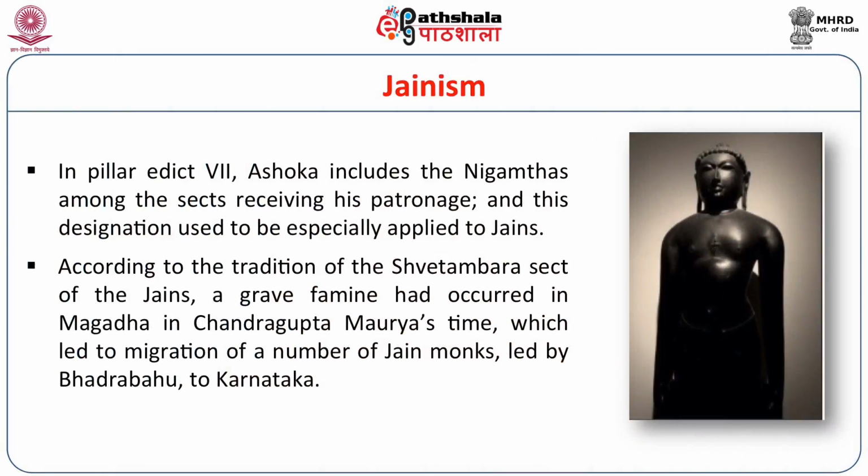According to a tradition of the Shvetambara sect, Chandragupta Maurya is also associated with Jainism, and it is said that after a grave famine that occurred in Magadha, a number of Jain monks migrated to Karnataka.